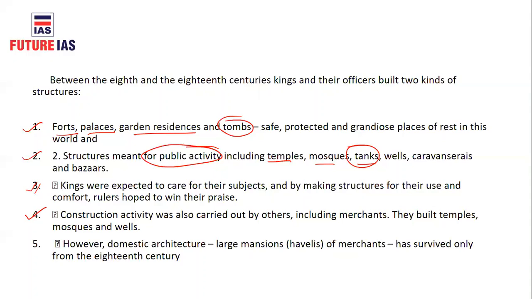So the merchants also contributed in the building of temples and mosques, which are public in nature. There are also large mansions, which have hardly survived from the 18th century. Previously those structures were there, but they hardly survived.